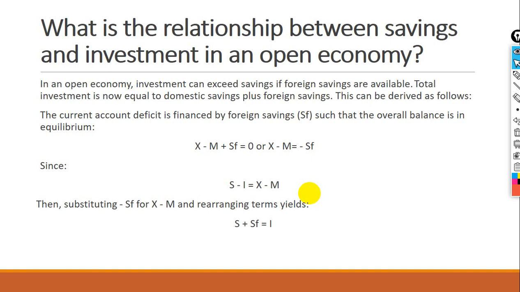In another way, as we said before, if I exceeds S, we are going to borrow from abroad. As a result, the current account is going to witness a deficit. This deficit can be financed by foreign savings.